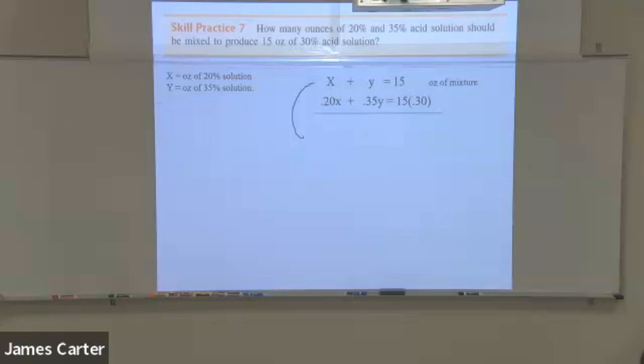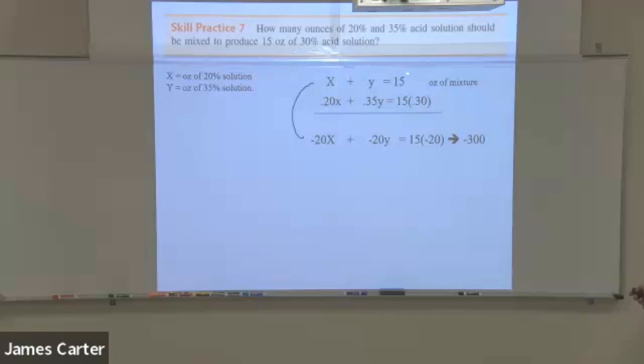Now, from this point, I could either use the substitution method or I could use the addition method. It's really up to me. In this particular case, I'm going to multiply everything in this, to answer your question, by -20. You're thinking -20. Well, we're actually going to multiply both of these by something.